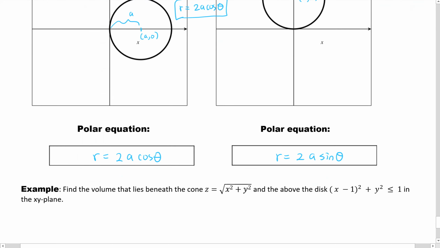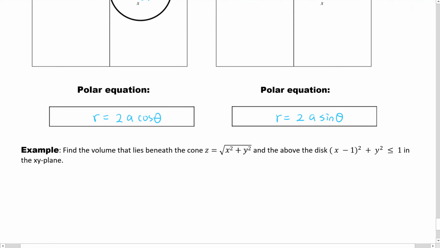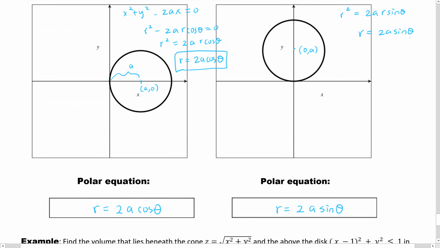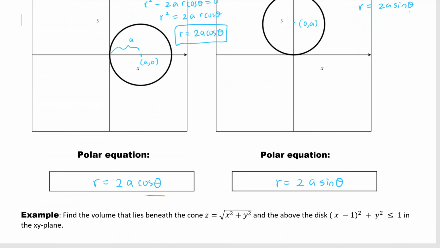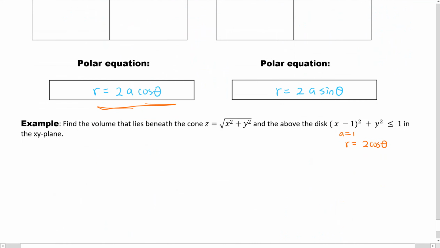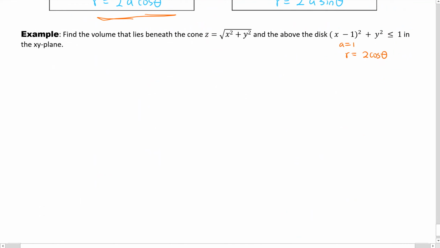Find the volume that lies beneath the cone and above the disk. Which disk? The a is on the x-axis, so it's this one, and a is 1. So we have r equals 2 cosine theta. This is our circle. Let me try to draw it and show you what happened. What does the picture look like?